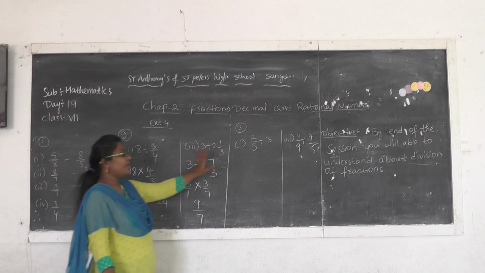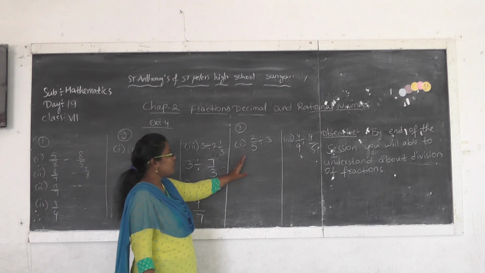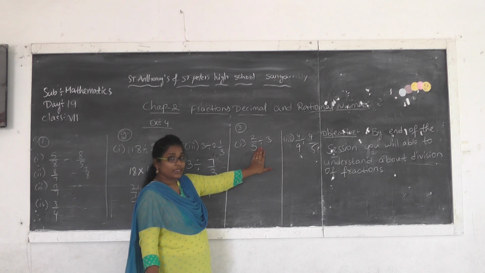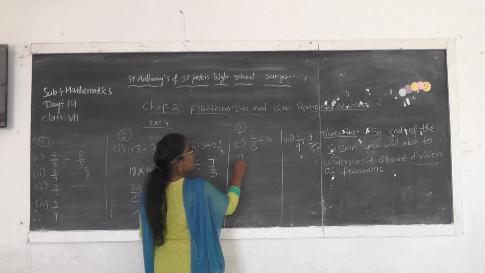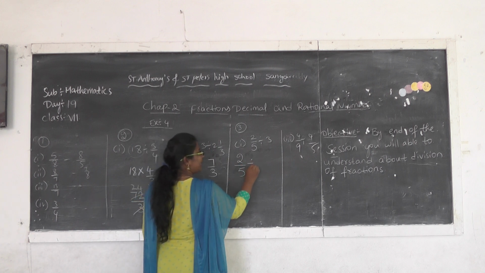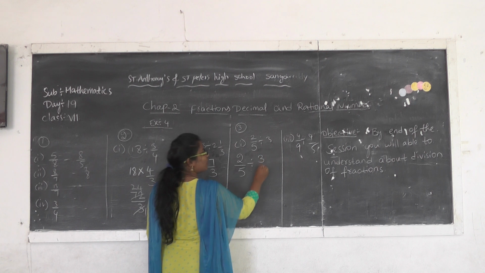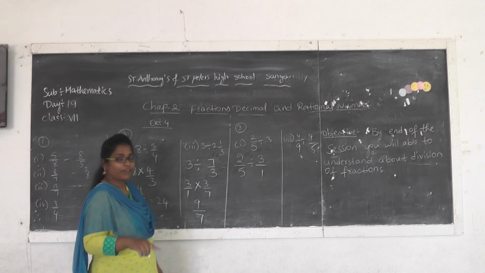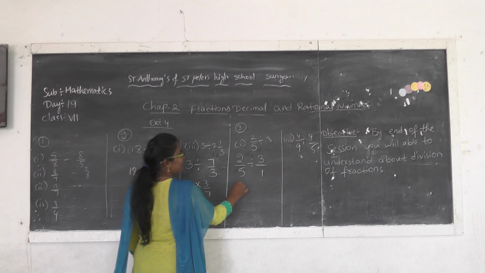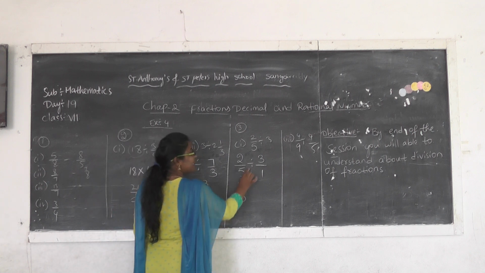Okay. Next, third bit, first one. Here what the question was, a fraction with 3. How do we have to do it? 2 by 5 divided by 3. If any denominator is not there, what do we have to assume? By 1. If any denominator is not there, we have to assume 1 by 1. So 2 by 5 division.